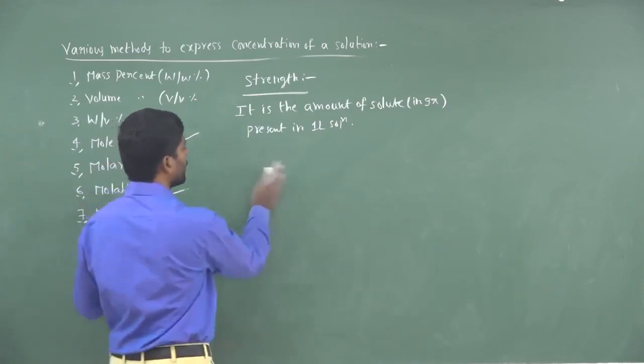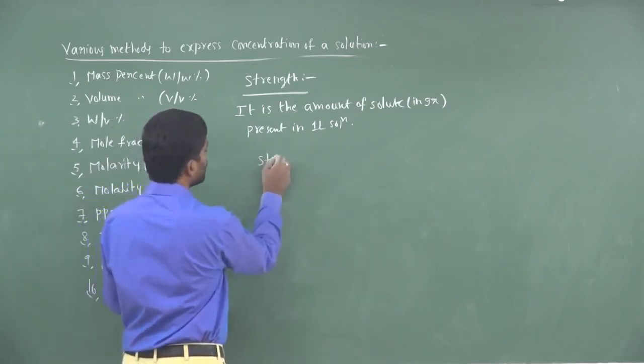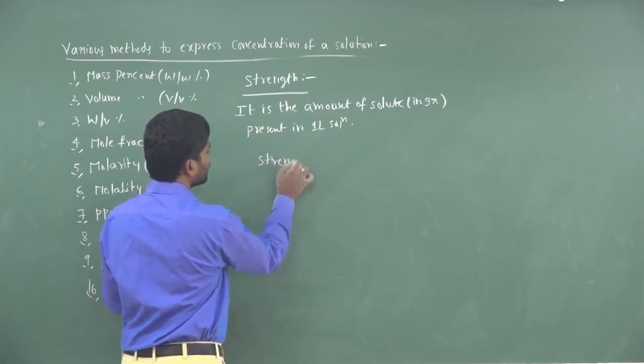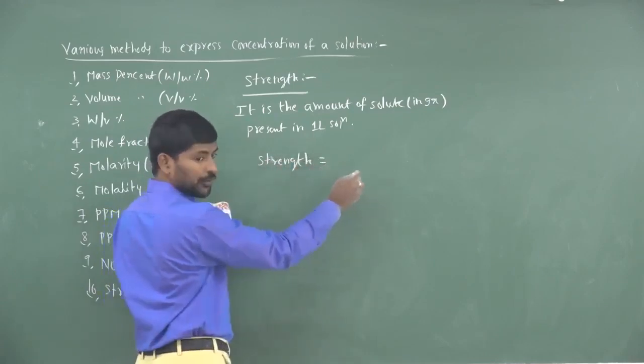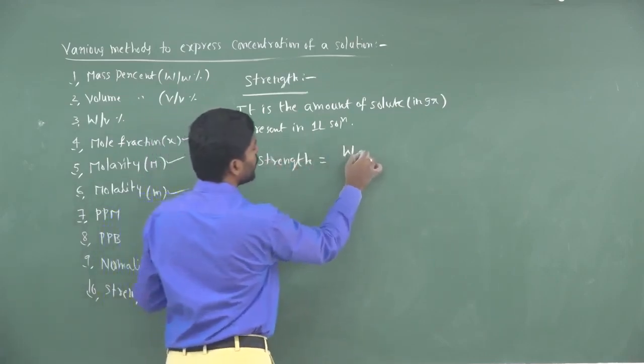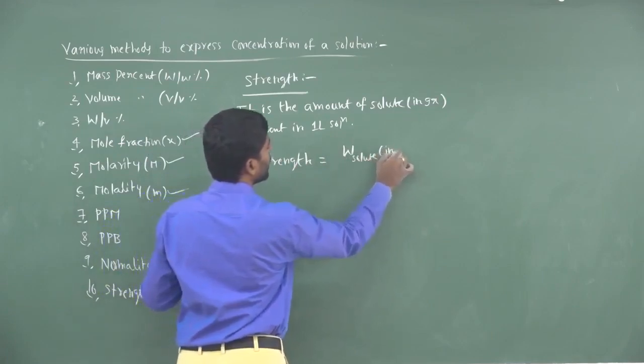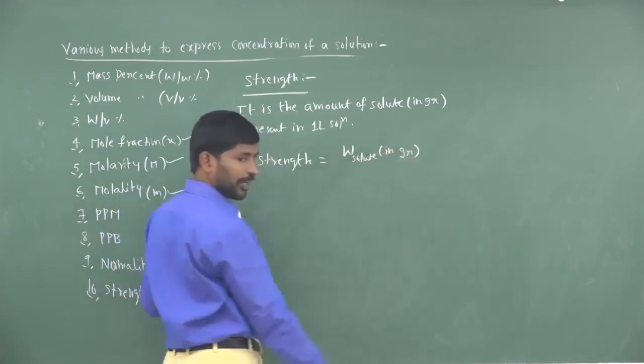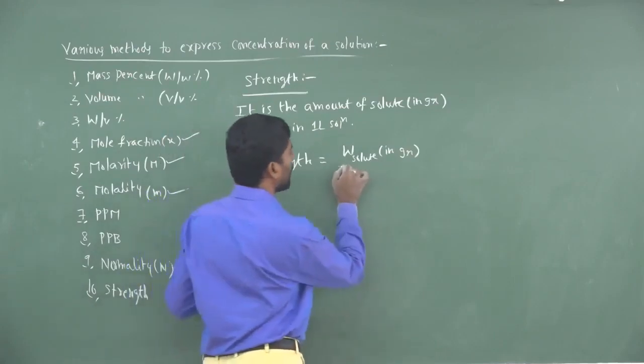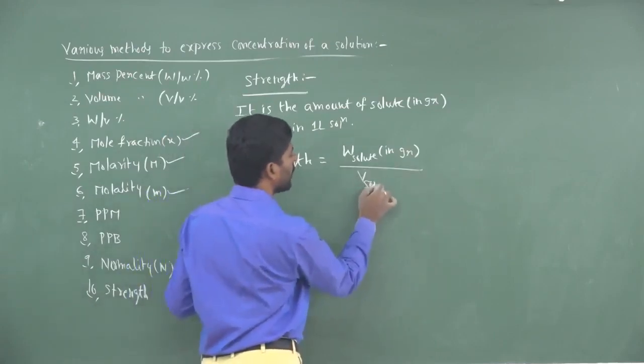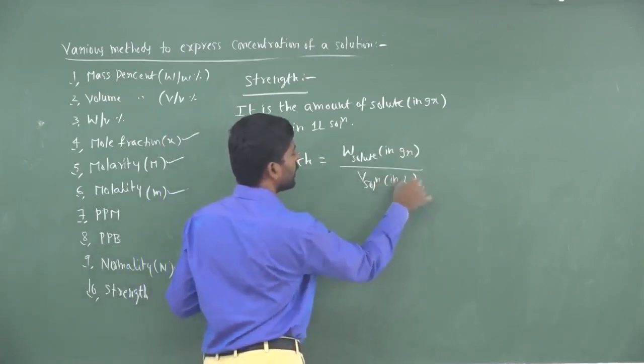So strength of solution is equal to weight of solute in grams by volume of solution in liters.